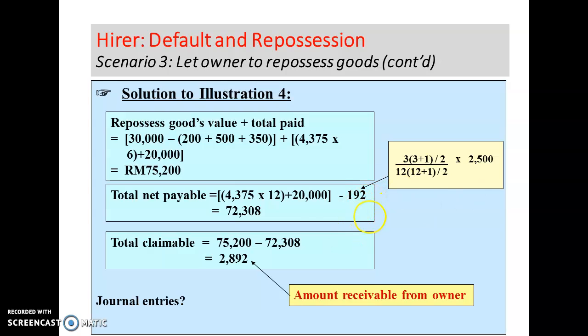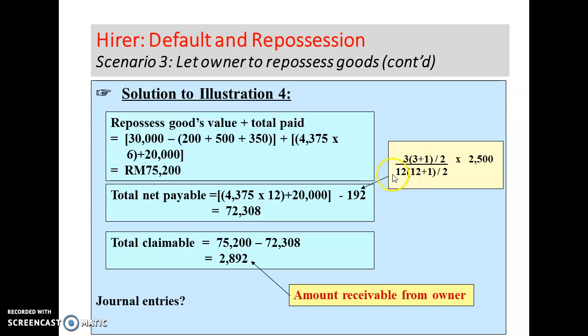So how do we determine this amount? Basically, looking at the situation where the company uses the sum of years digit. So 3 plus 2 plus 1. You can go by 3 plus 2 plus 1, or you can use the sum formula.